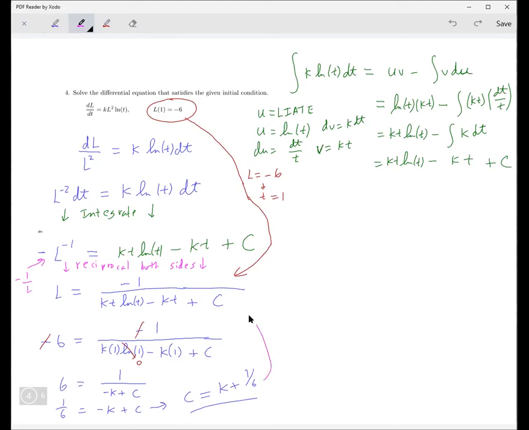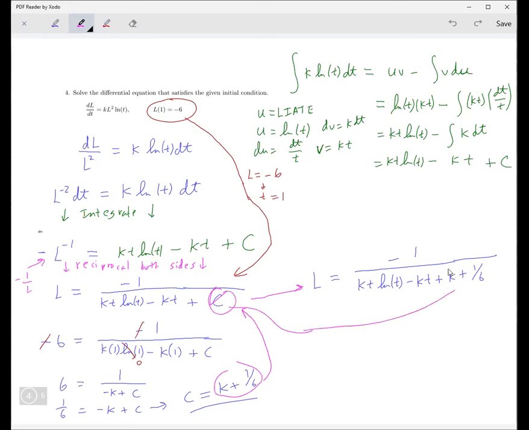Okay, so what you're going to do is plug that into here. So this gets replaced by that K plus 1/6. And so this would be the answer right here.